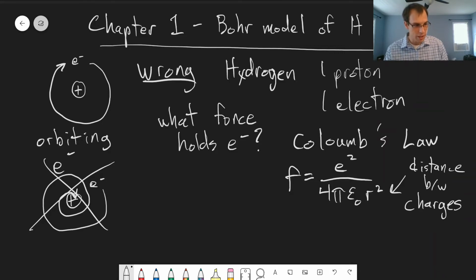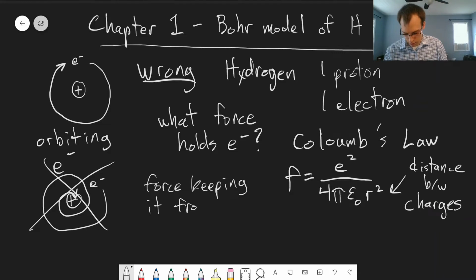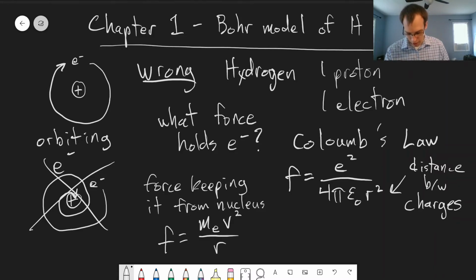Bohr's model is that the force keeping it from crashing into the nucleus is a centrifugal force. This is just the force that keeps any orbiting object going around in a circle around an object. This force is given by the mass of the object times its velocity squared divided by r.